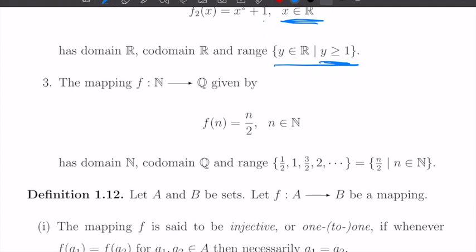And another mapping from natural numbers to rational numbers, defined by this: n divided by 2. The domain is N, the codomain is Q, and the range is this.